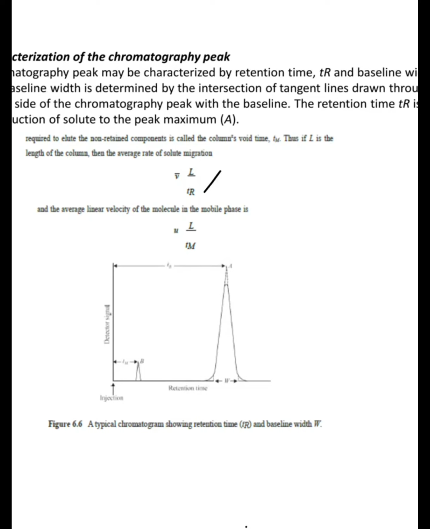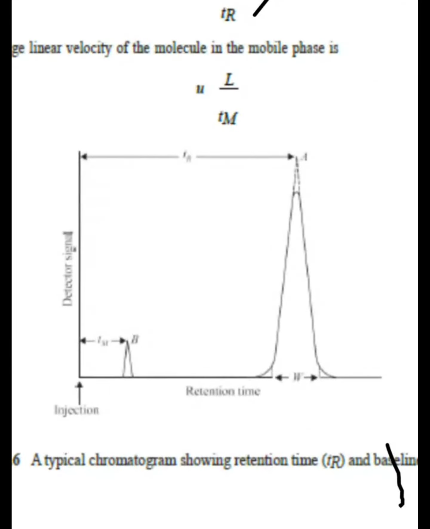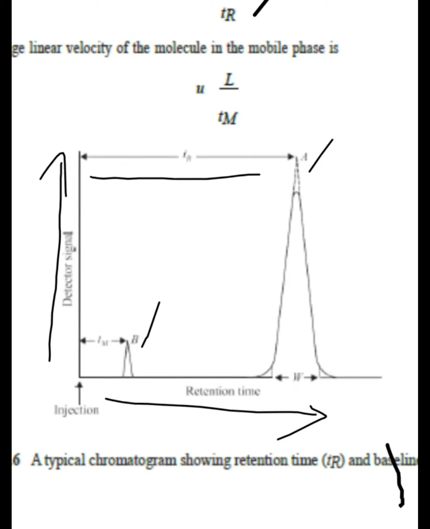TR is the retention time, and further TM is the void time, and W is the baseline base width. Here, if you analyze, this is the peak for compound A, and this is the peak for compound B. So TR is the retention time, measured with the detector.